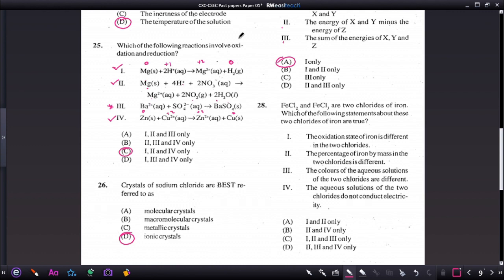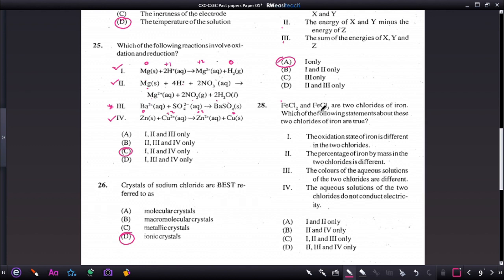Since the oxidation state is stated in a covert way, because when writing the formula we switch the oxidation state numbers, we know that this one is iron 2, and this one is iron 3. Iron 3 is called ferric, and the iron 2 oxidation state is called ferrous.